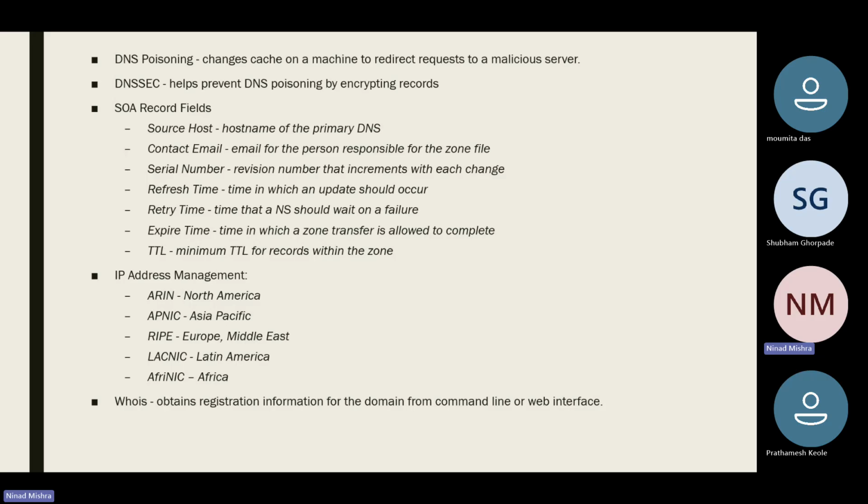The second time it will load immediately because that cache is stored in your machine. Now, whenever an attacker performs DNS poisoning, because of the high load of records, it will replace that cache and redirect to a malicious server. DNSSEC is one tool that helps prevent DNS poisoning by encrypting records. If you are encrypted, it won't hamper.